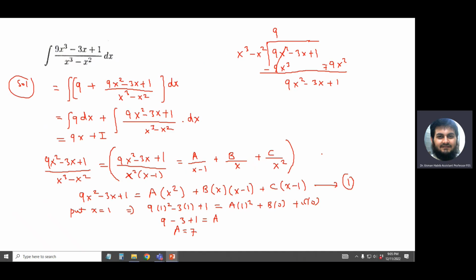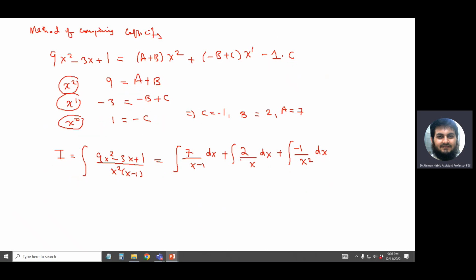Okay, we have done nothing but put the values here. That was our main equation. We are just putting the values of a, b, and c and solving the integral. So things become very simple for us.